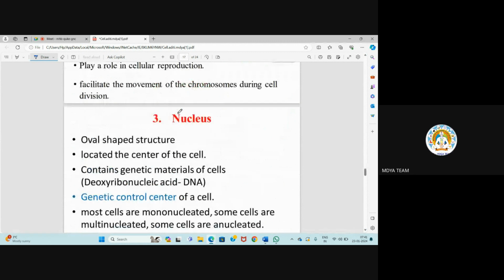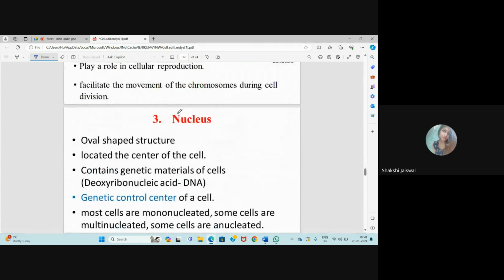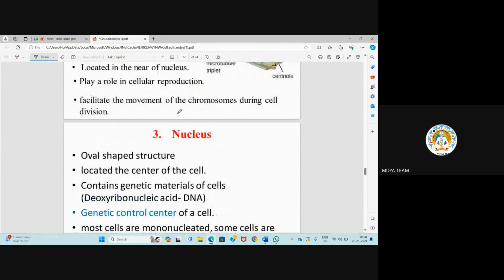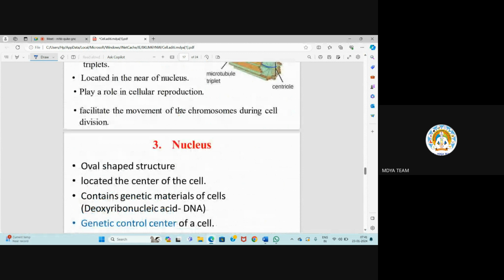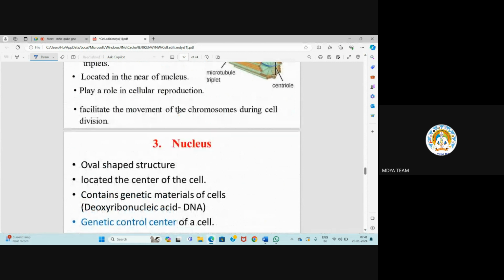Ma'am, what's the meaning of the last line? Movement of the chromosomes. Okay. So basically you are asking about chromosomes, right? So you will know about chromosomes. For basics, you know that chromosomes are related to our gene structures, and chromosomes are inside our nucleus.